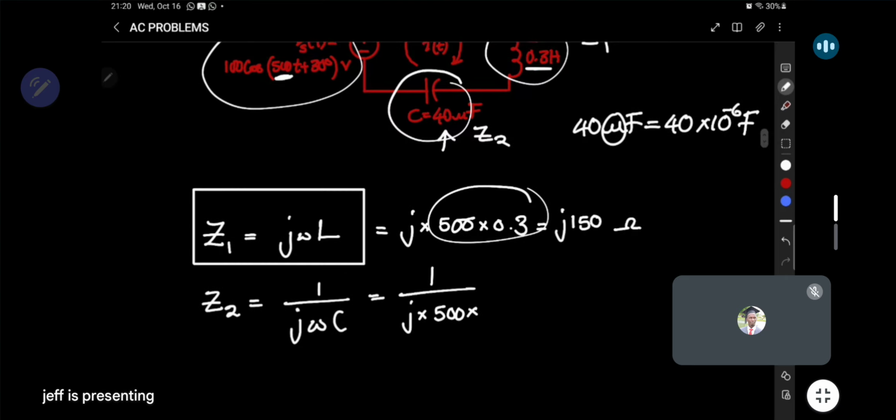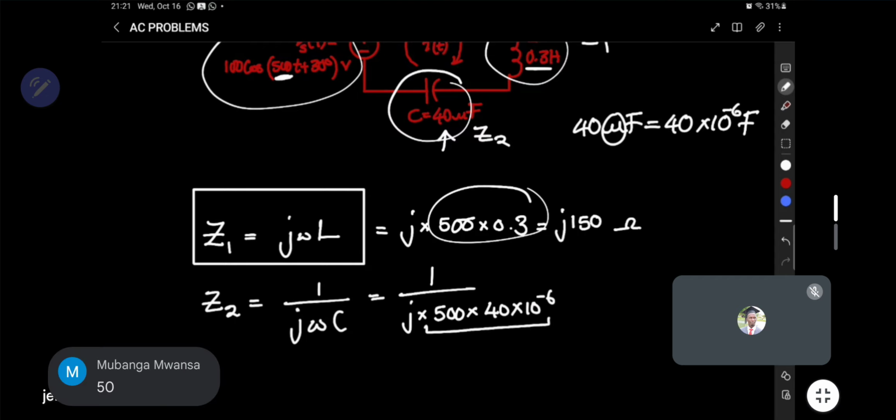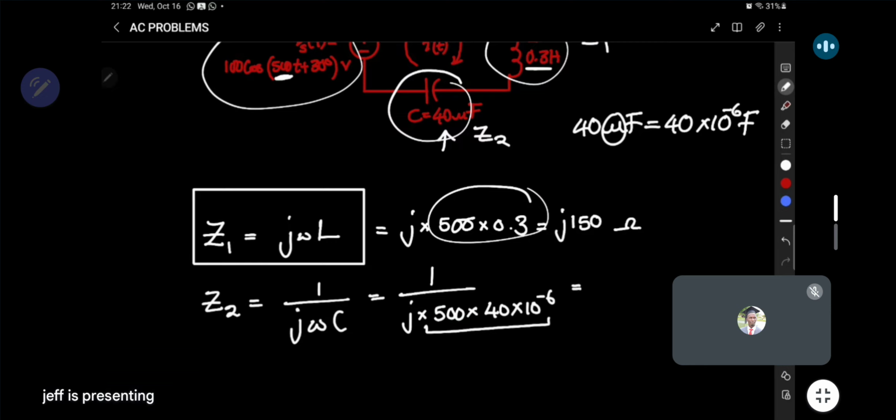So this is what is going to come where we have the capacitance, 40 by 10 to the minus 6 here. So here, in the denominator, we end up with that 50. So we now have 1 over j with the 50 here.